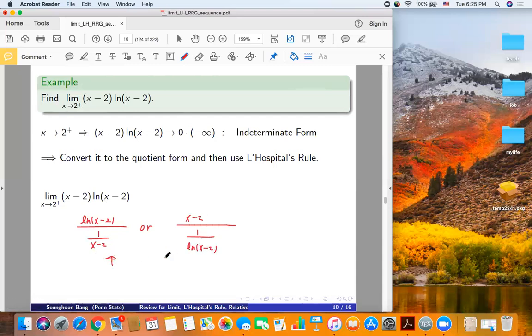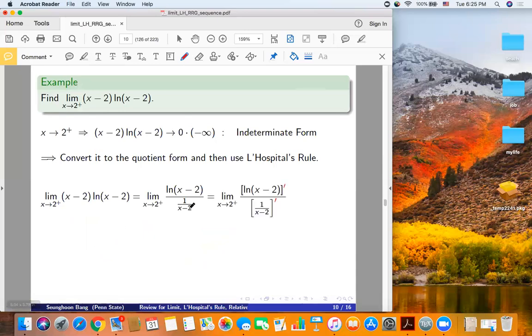So which one is better, the first one or the second one? Kylie said it's the first one. Is it right? Yes. What's the best way? The ln function is on top and the polynomial goes to the denominator. This is better. You can change it like this. Next, you have to use L'Hopital's rule.